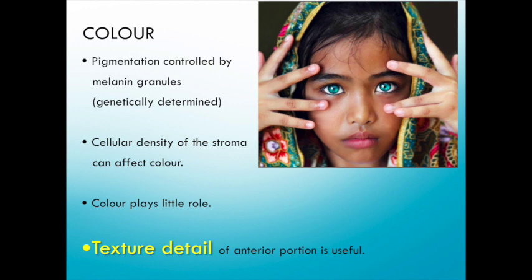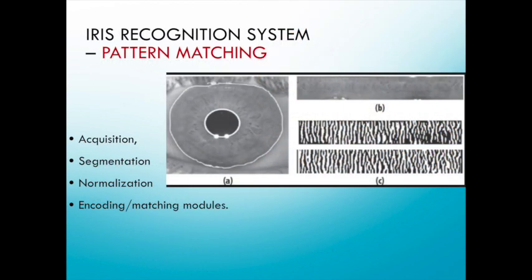So in order to get that texture detail like we've seen in the previous photographs, we need to use an infrared camera. That's why the images you see in iris recognition systems will be these grayscale images taken with an infrared camera, because they show up the data so much more readily. There are a few stages to get this. You've got to acquire the image, and then there's a segmentation stage, where you find the pupil zone and the outer limbus boundary.